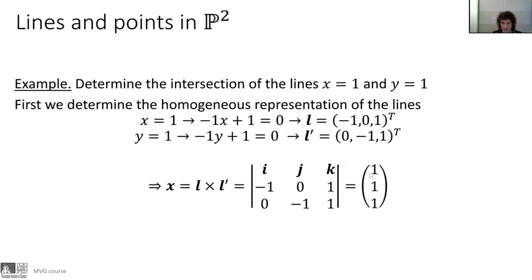And what is the inhomogeneous coordinate? 1, 1, no? 1, 1, exactly. Good. That's what we get, okay? And this is what we're supposed to get because we would like to understand what is the intersection between this line and this line. Okay, let's move on.